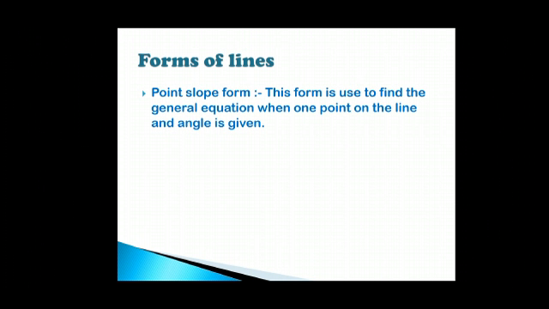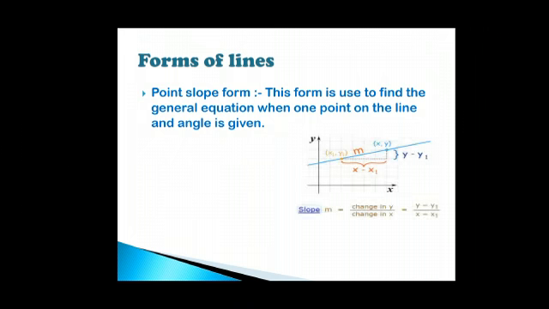Now let us come to different forms of line. The first form is point slope form. This form is used to find the general equation when one point on the line and slope is given. So from the diagram it is very clear. I have the knowledge of one point, that is x1 y1, and I take an arbitrary point x y on the line. So I can get the equation of line.